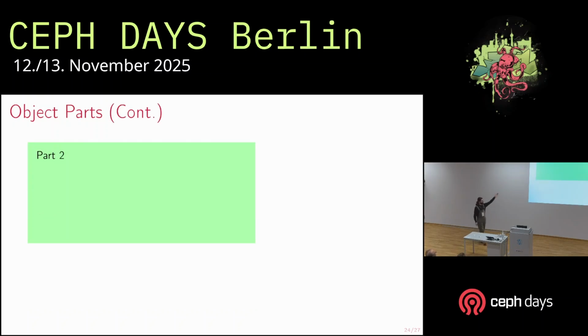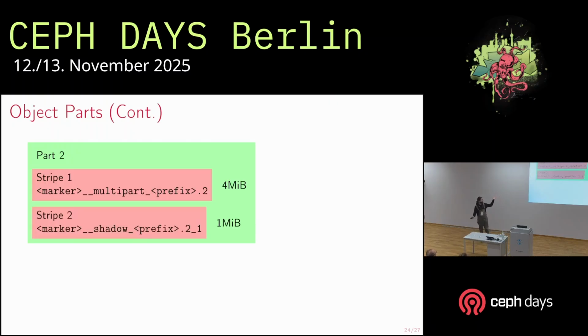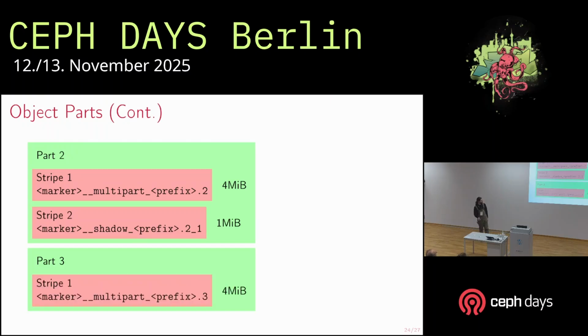And then we go to the second part. This is also 5 megabytes, so 4 and 1. And we need a third part, and then we just need the 4 final megabytes. And that's how you store an object there.